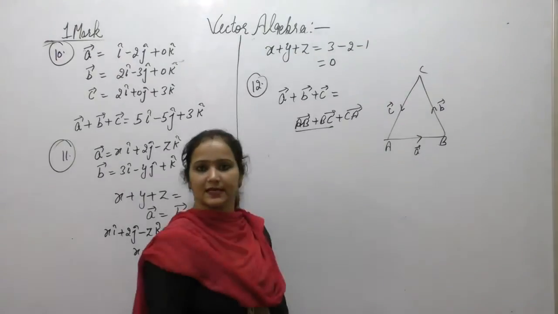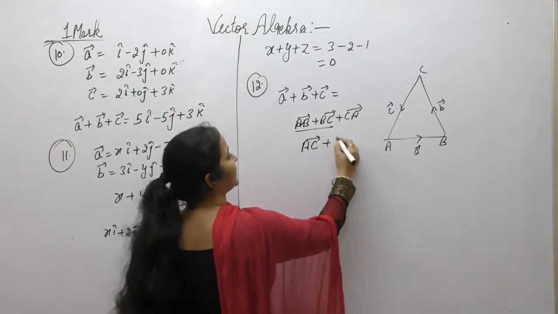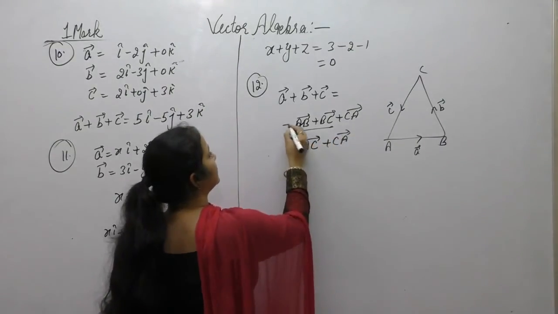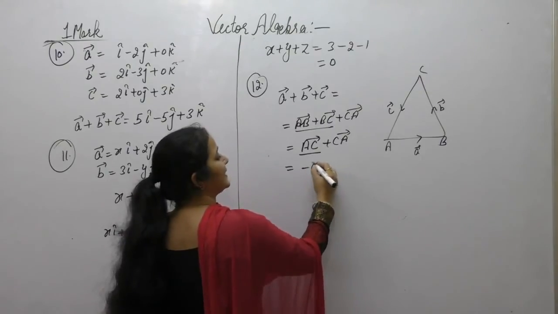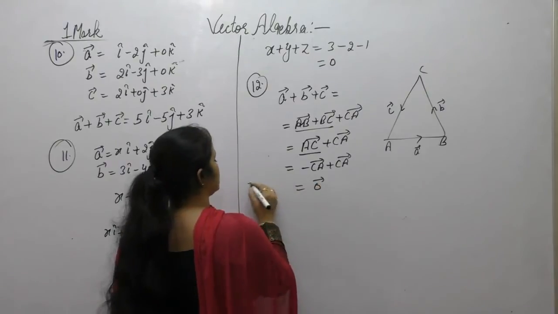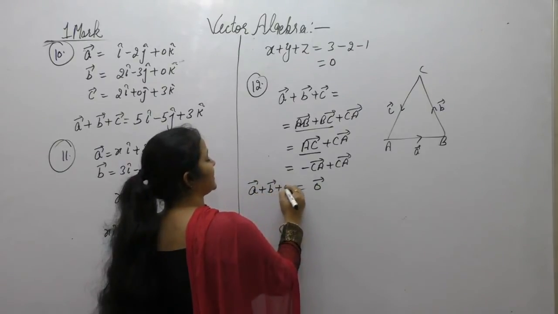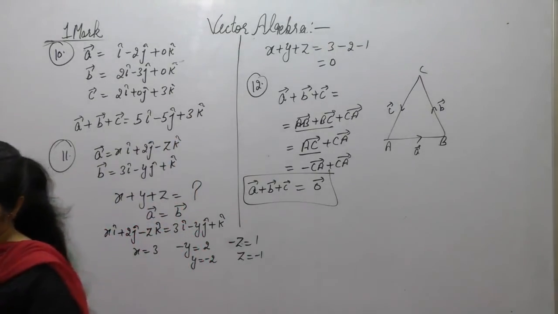AB plus BC, by the triangle law of vector addition, is equal to AC vector. We can write AC as negative of CA vector, so that is equal to 0 vector. A vector plus B vector plus C vector has value 0 vector.